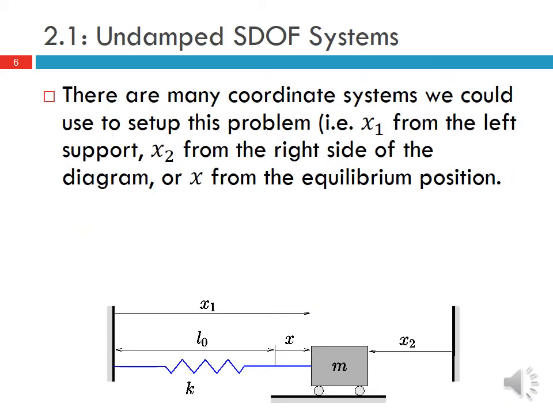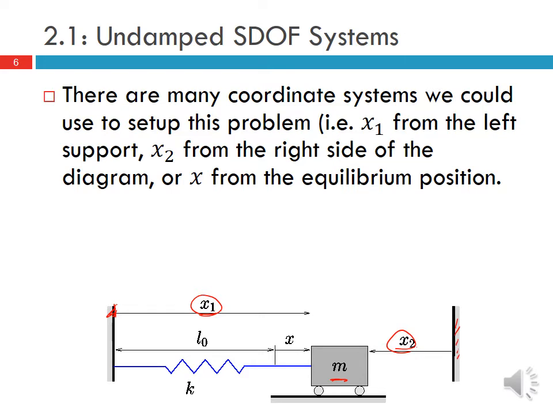Now there are many coordinate systems that we could use to set up this problem. So for example, we could choose to describe the position of the mass by the coordinate x1, so the distance from this fixed end. We could choose to use x2, so the distance from, say, another end.